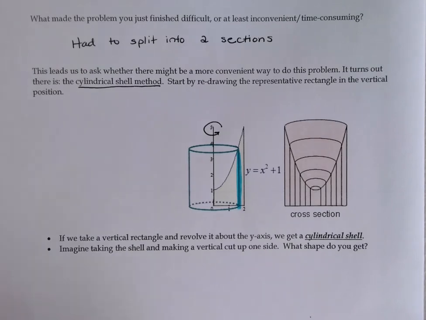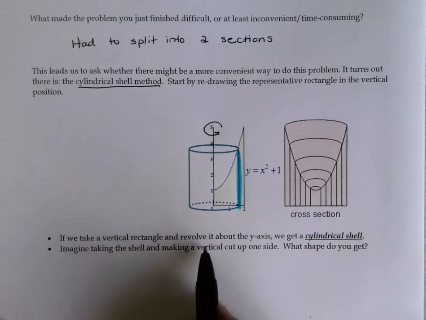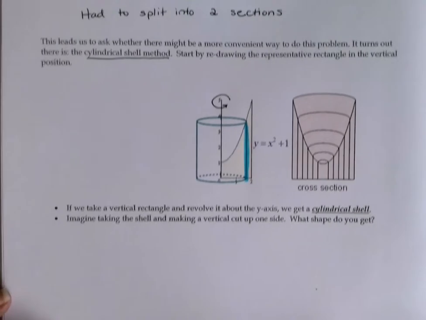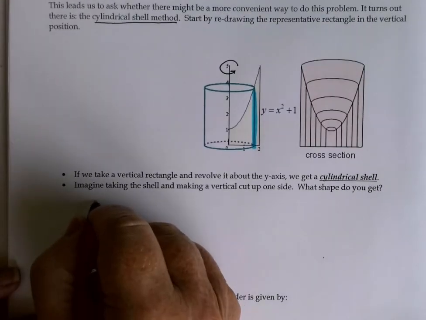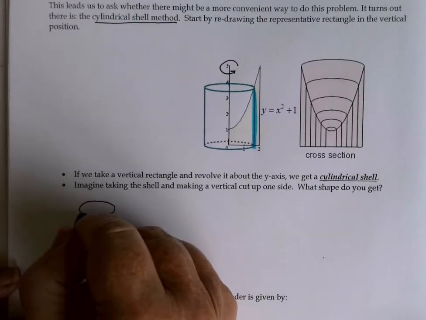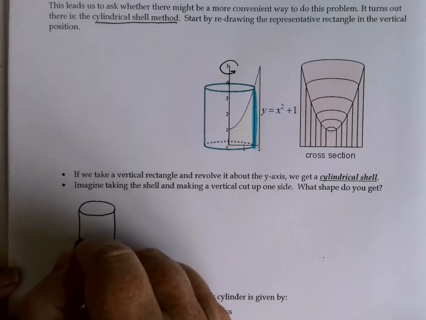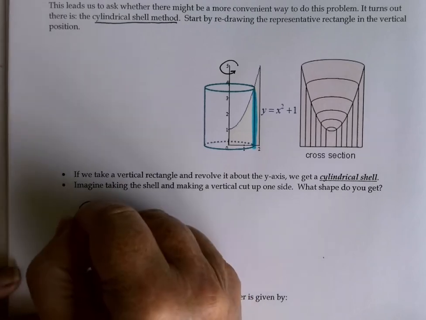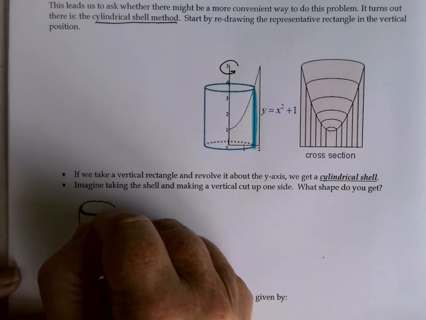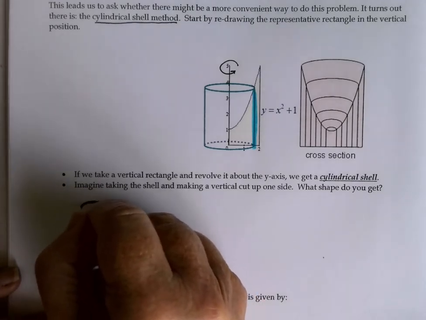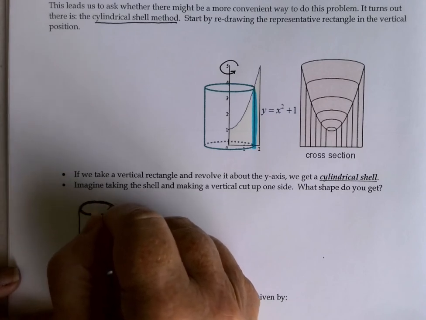All right, so if we take this vertical rectangle, revolve it around the y-axis, we get the cylindrical shell. That cylindrical shell would kind of look like this. It's a cylinder that's just got some little tiny thickness to it, right? It's not quite completely hollow.